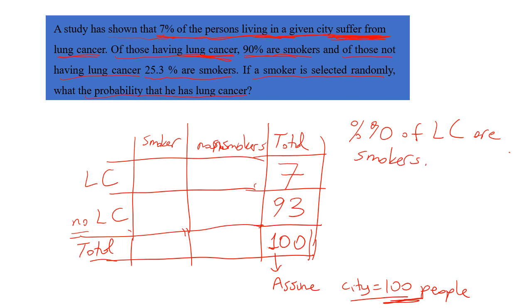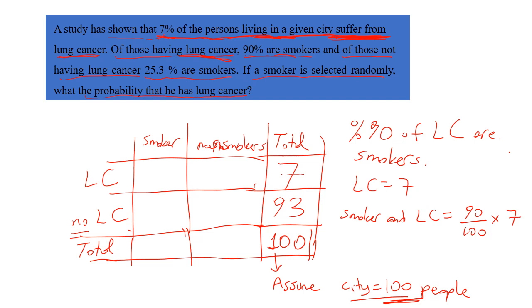We know LC is 7, so smokers with LC can be found by 90% of 7.